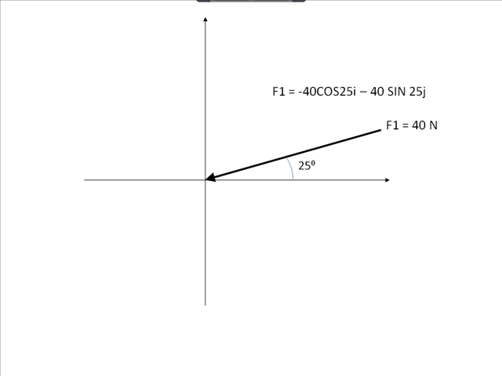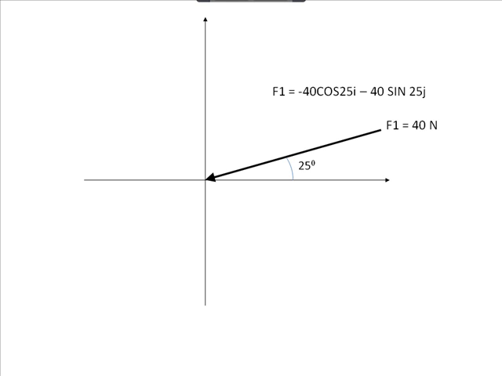Understand the method of resolution which I am proposing. We will always take the angle with x-axis. The smaller angle, in the sense with x-axis; if you do 180 minus 25, that is also inclination with x-axis, but we will take the smaller angle with x-axis, that is 25 degree.